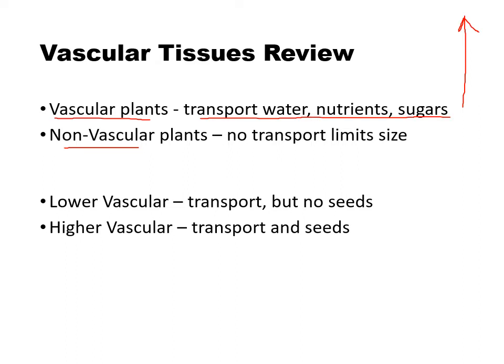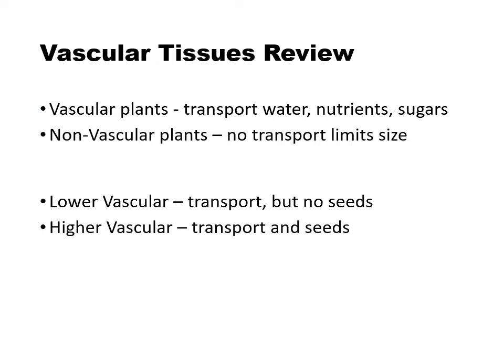And non-vascular plants, because they don't have the ability to transport anything, are limited in their growth size, right? So your liverworts and primitive plants that are always little small things, they can't physically get any bigger because they're reliant on simple diffusion for both water and sugars, and that's only effective across a short distance.